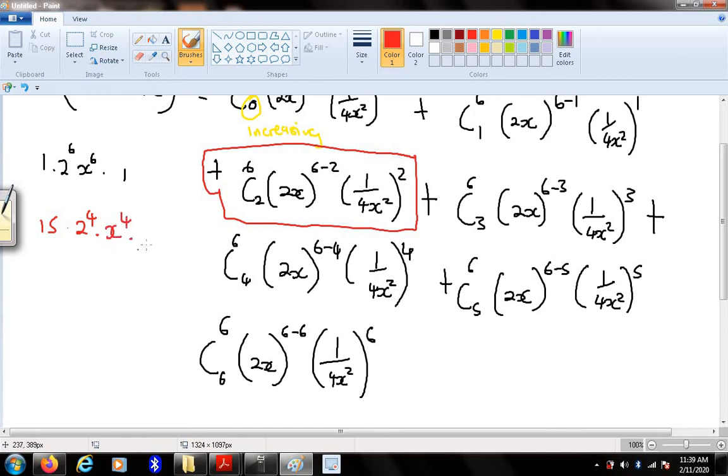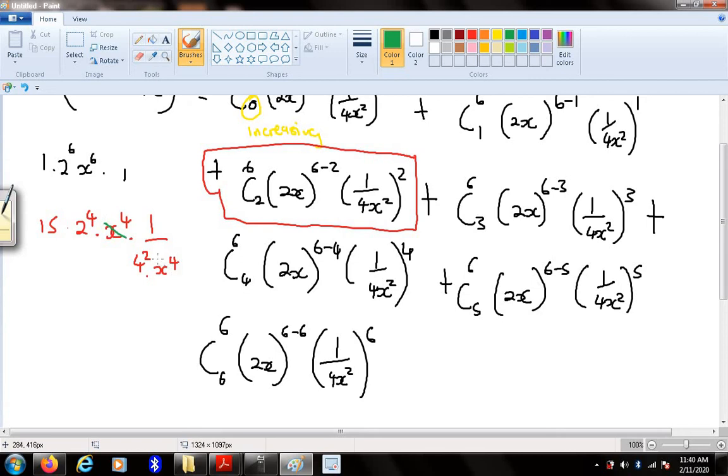And then if you raise this x squared to the power of 2, that's going to be 1 over 4 to the power of 2, x squared squared, that's x to the power of 4 there.